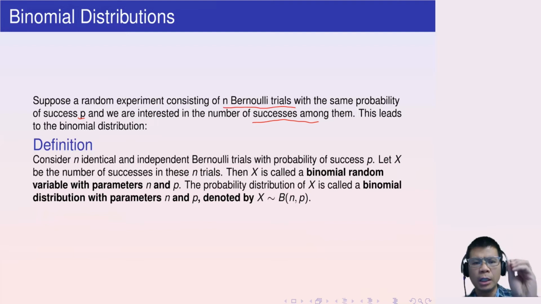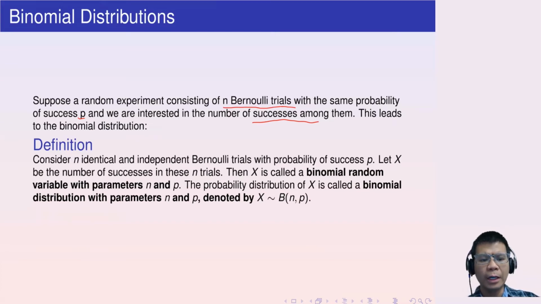Just think about flipping a coin 10 times. If you're interested in the number of heads among these 10 trials, the number of successes tends to follow a binomial distribution.